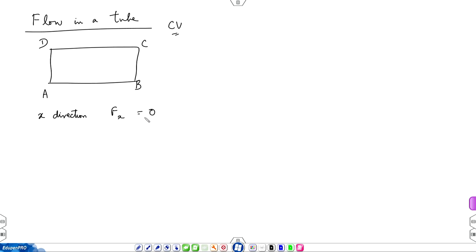So, how can we interpret or make use of this result? What are the insights we can bring in to study F x equal to 0?